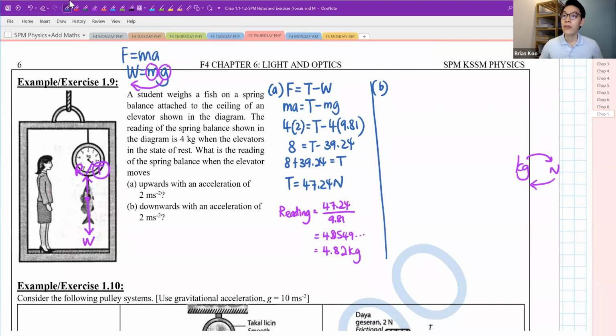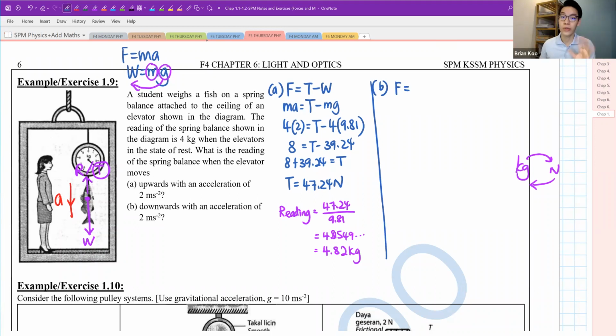Now it is going to accelerate down. Ask yourself the same question. Going down, who is pulling it down even more so that it can accelerate downwards? I always start every single question by doing this.